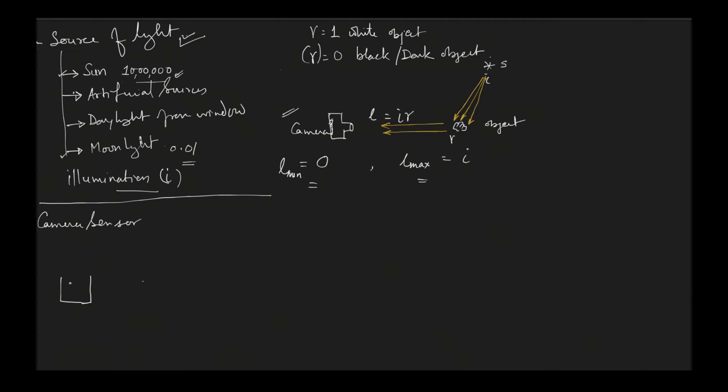So this is one light sensor, one photodiode, and after some distance we will have another photodiode, and after some distance we will have another photodiode, and after some distance we will have another photodiode. This is how the various camera systems are designed.